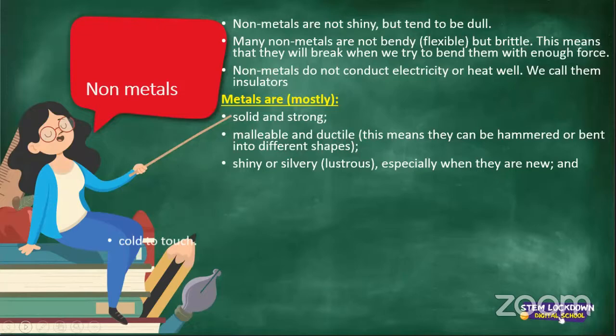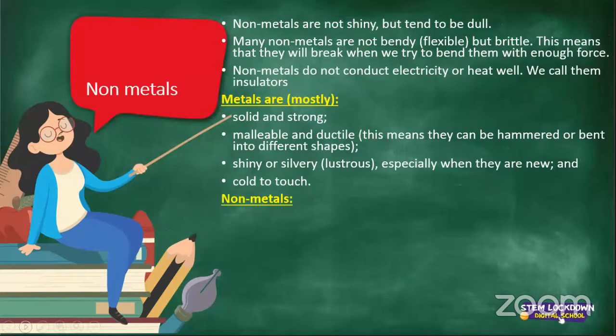Okay, so metals are also cold. If you had to touch a pot, for example, that is not on the stove, just straight from your cupboard, or even if you had to touch your gate, you will find that it is cold. Okay, so that's one of the characteristics.